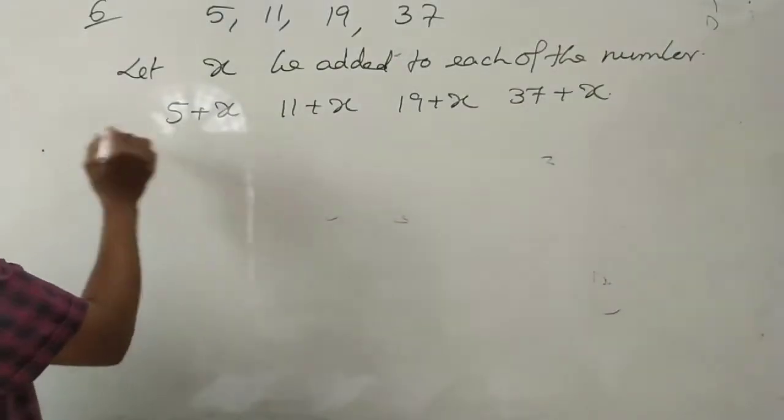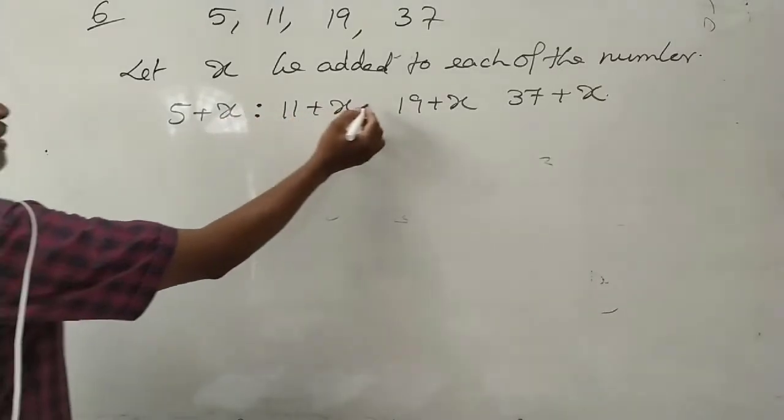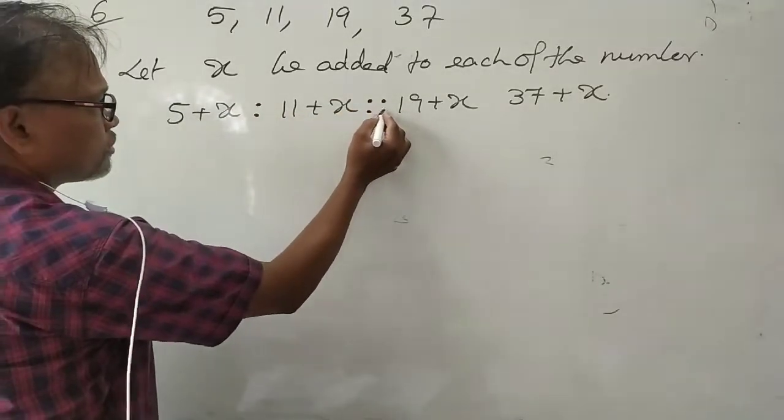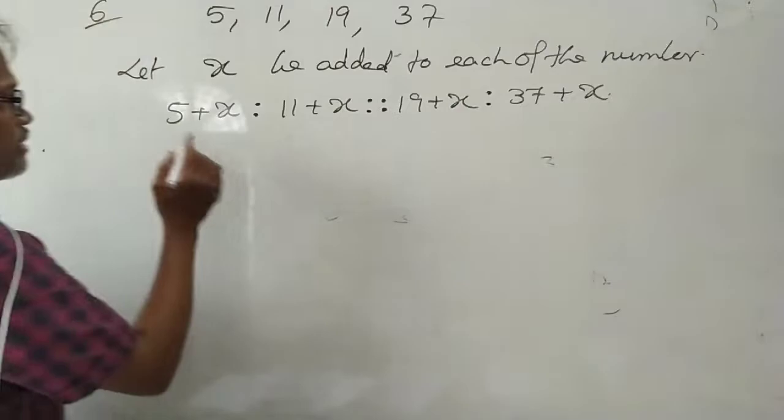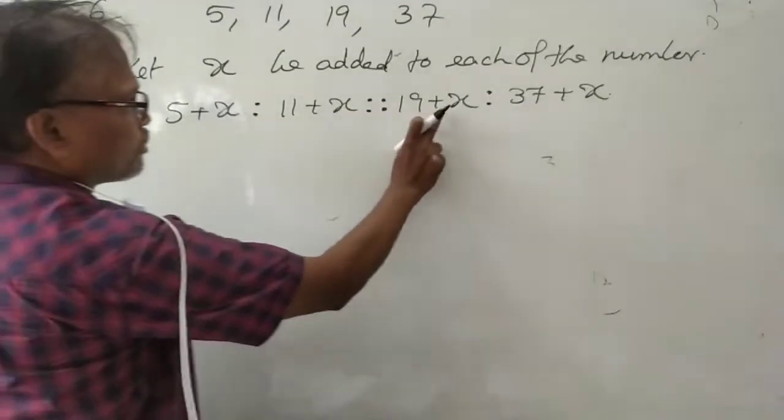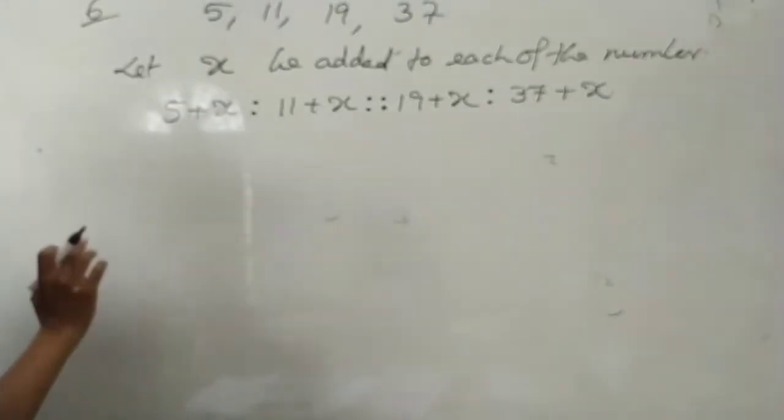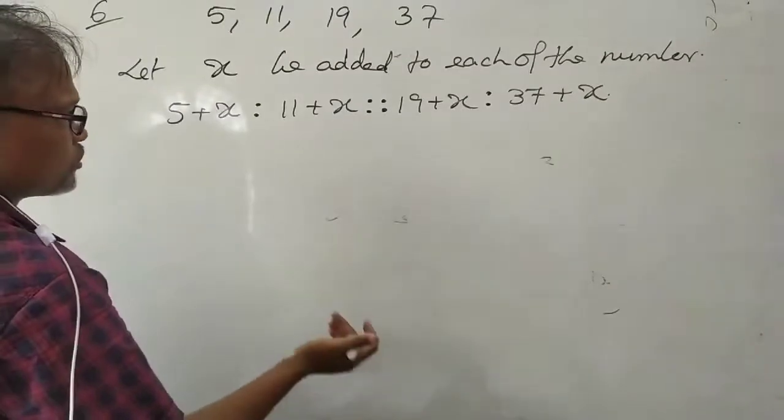Now according to the question, these are in proportion. Proportion means this upon this is equal to this upon this, that is, a is to b is equal to c is to d.